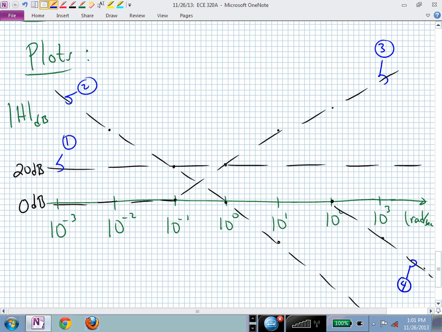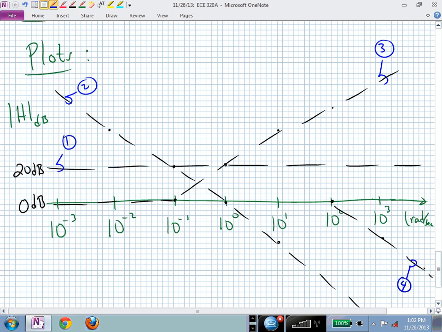Meaning, what I like to do a lot of times is go back before anything has broken, before a pole or a 0 has started to be active, and go far enough to the left. Maybe I go back to 10 to the minus 2 and I say, okay, what is the gain at that particular frequency? Right at 10 to the minus 2, what should be my magnitude? What's active?